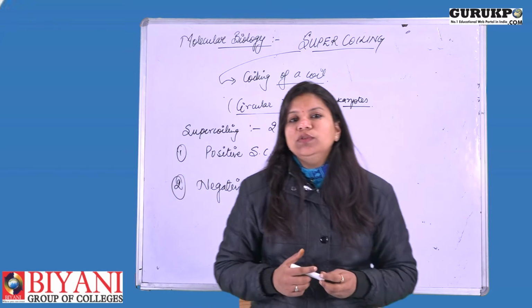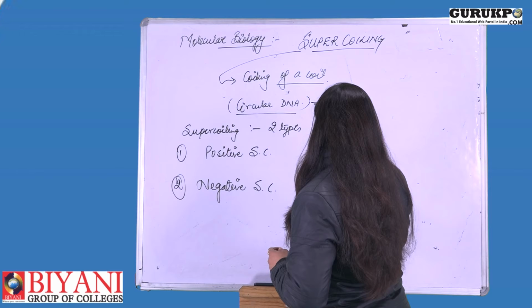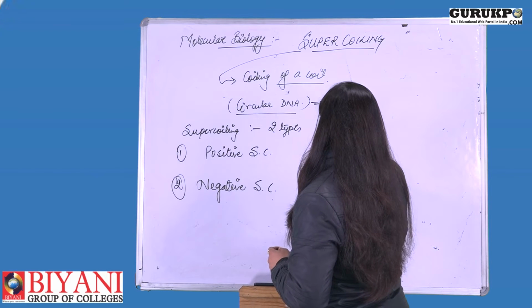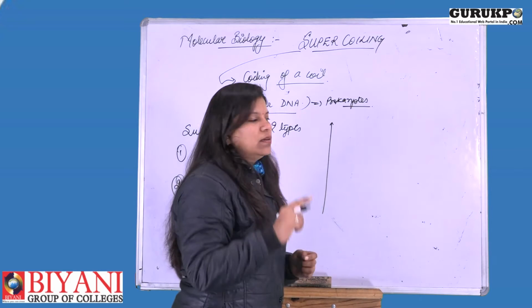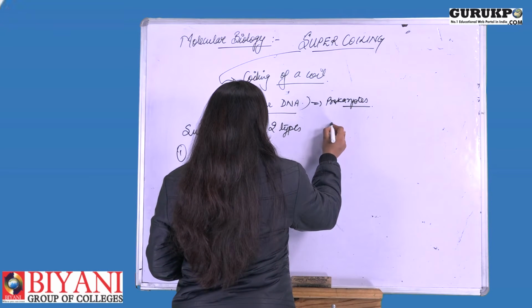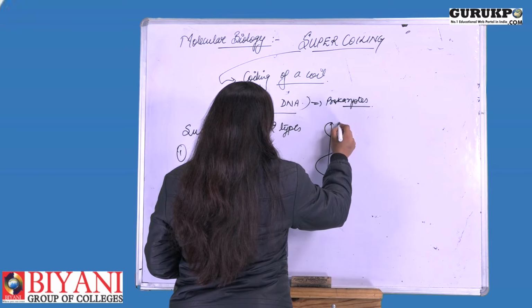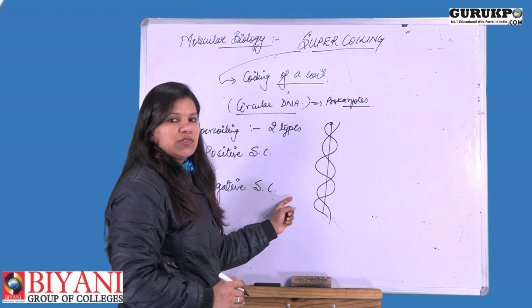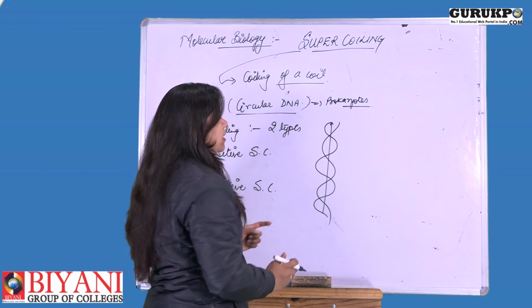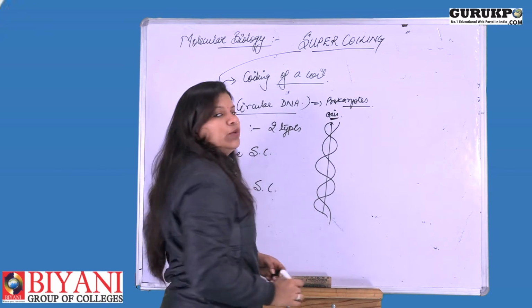Basically, as we all know, DNA is a double stranded structure. This double stranded DNA forms its structure in the form of a helix around an axis. So this is a double helical structure, and you can see the linear line which is the axis of rotation.